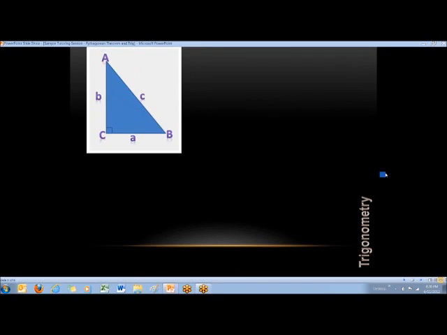See if I can erase that. There we go. What did I just flash up on the screen? The formulas for trig. Tell me what they are. Sine equals opposite over hypotenuse. Right.